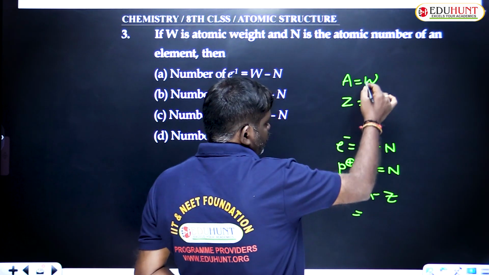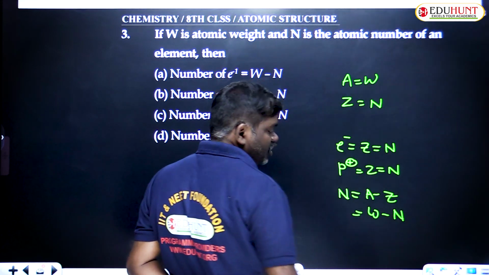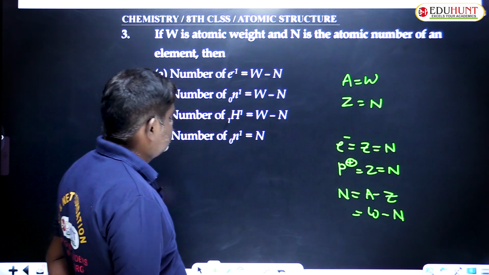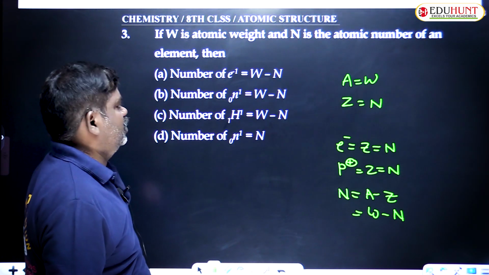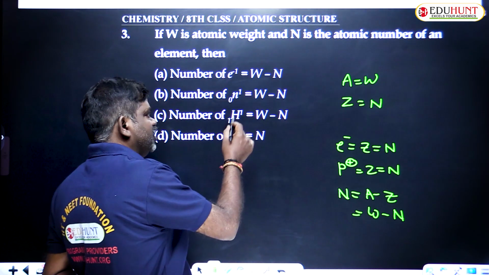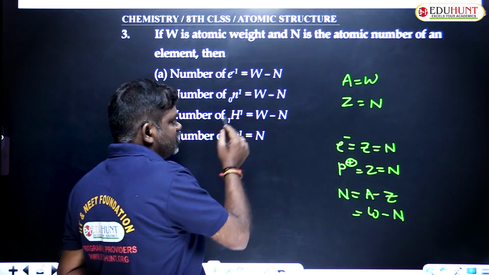What is A here? W. What is Z here? N. So the number of neutrons is equal to W minus N. Here, for 1H1, hydrogen has atomic number 1 and mass number 1.